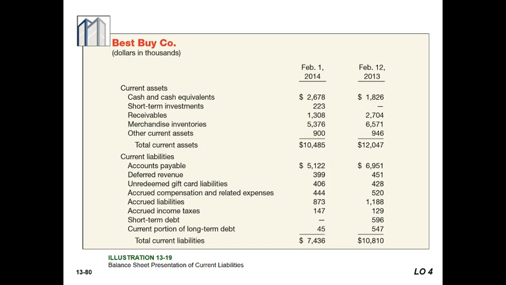It is one of the areas where you do have some level of choice when it comes to presentation. Just keep in mind that the supplemental info, the notes, and the disclosures are going to have all of that extra information that is needed to meet full disclosure and transparency in regards to your variety of current liabilities.